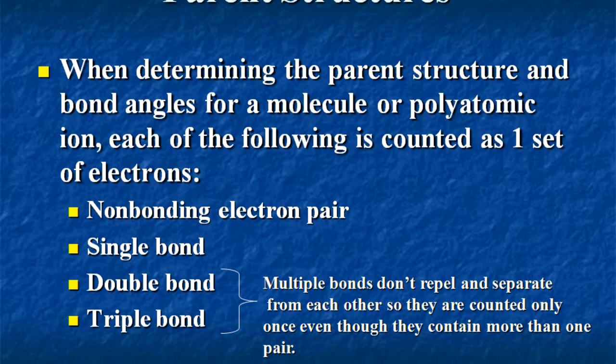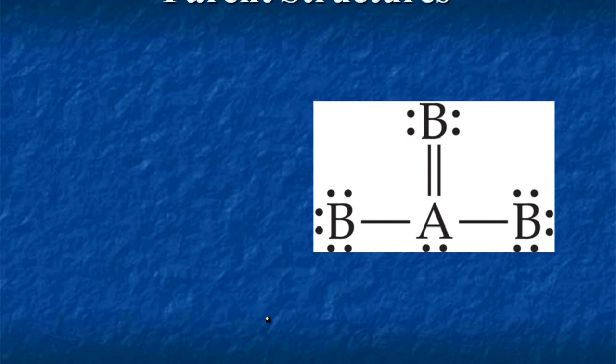So let's look at an example. Here is a molecule, just AB3. A is the central atom, and there are 3 B's around it. We are going to count how many electron sets this central atom has. We have 4 sets.